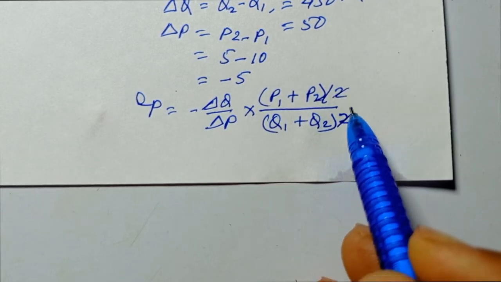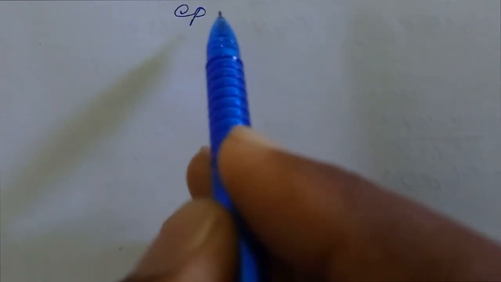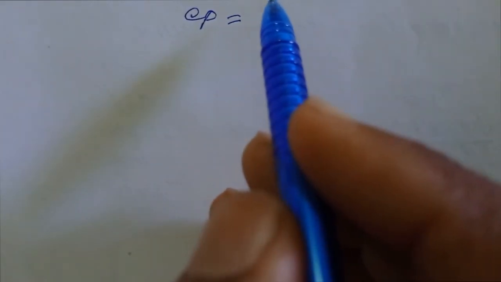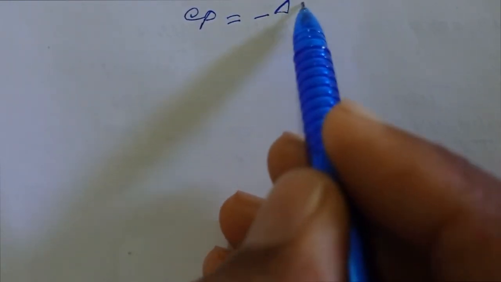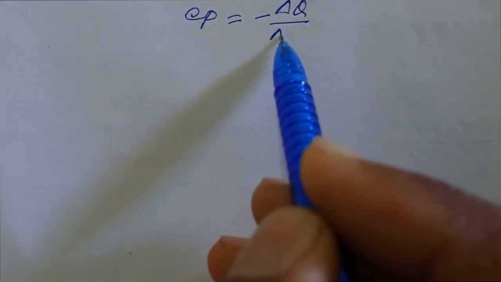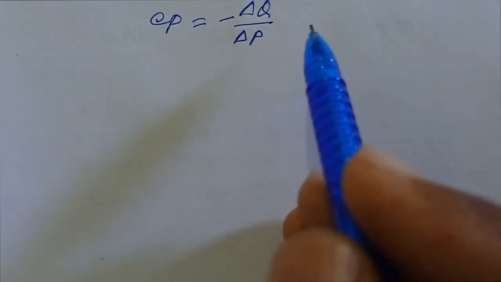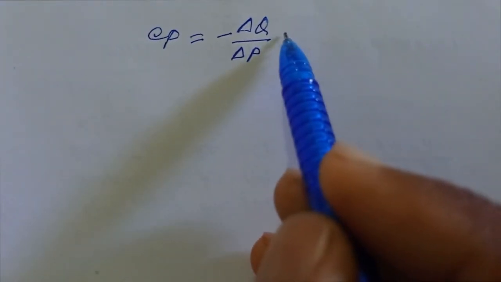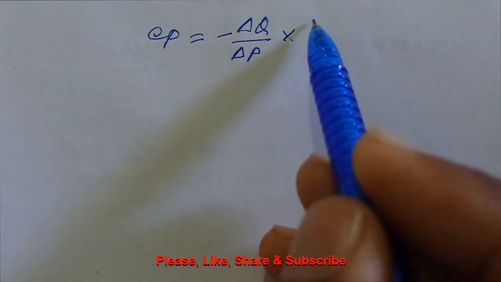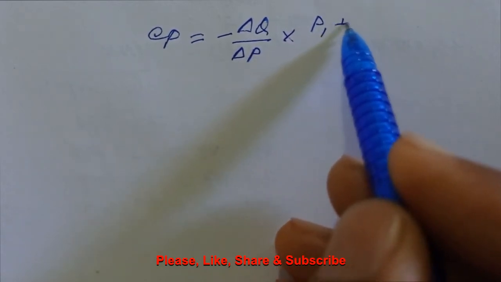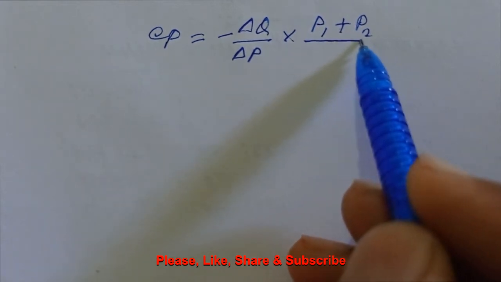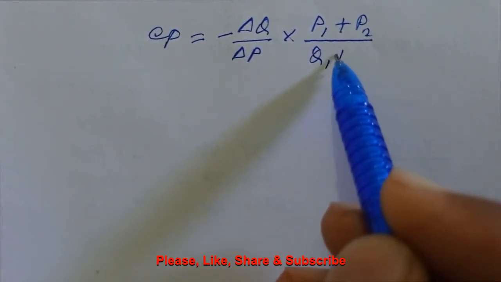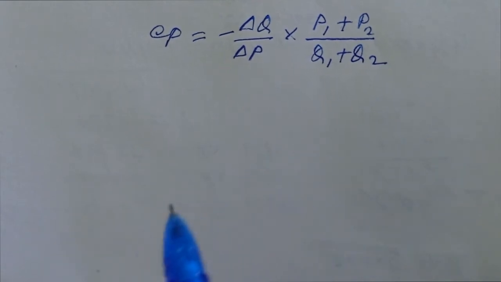You can strike out 2 by 2, and then Ep is equal to minus delta Q by delta P into (P1 plus P2) by (Q1 plus Q2).